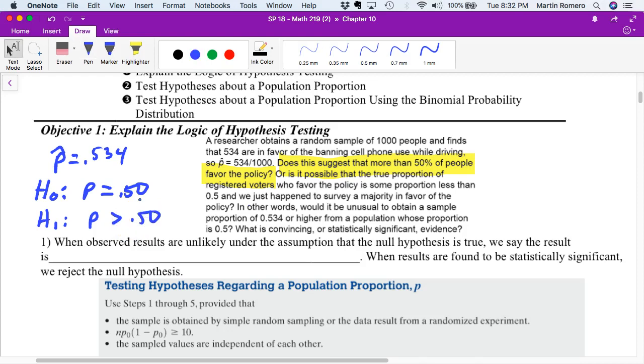That's what we'd be testing. Evidence that this is true. So which one of these could we accept or reject? We have some evidence that this might be true. So something to think about.